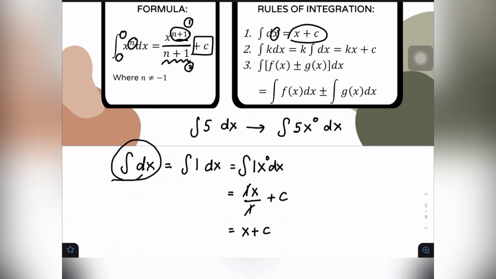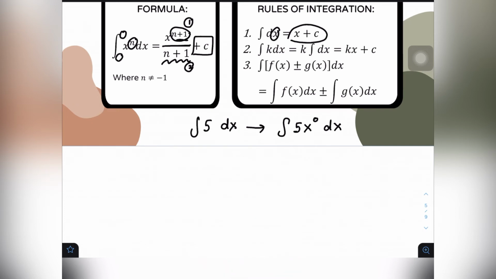Rule number 2 says that if you have to integrate k dx, where k is a constant, for example, integrate 5 dx. This one is a constant.